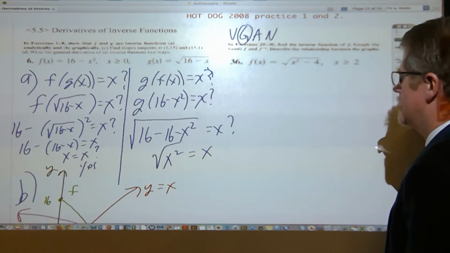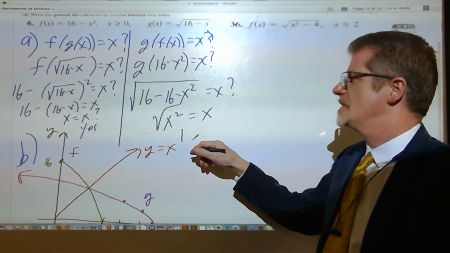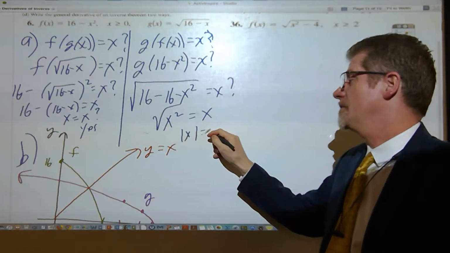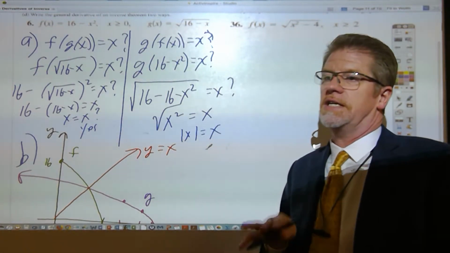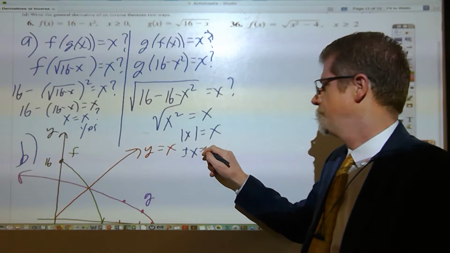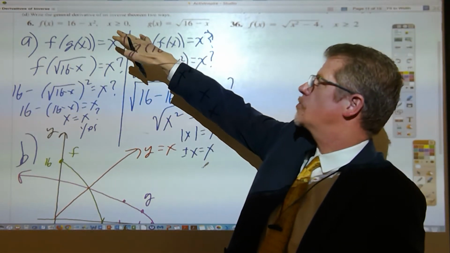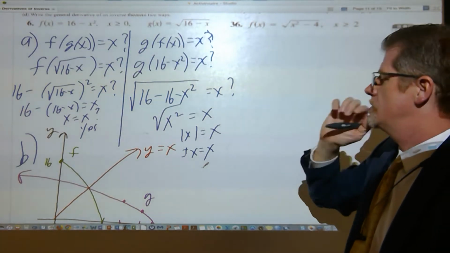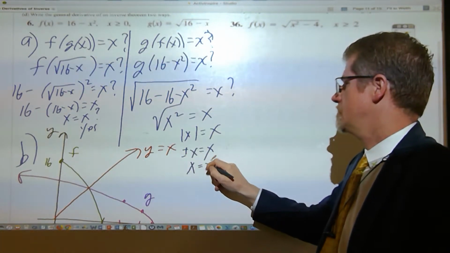Yeah. So here's a little nuance. A lot of people write the square root of x squared as x. It's actually the absolute value of x. The square root of x squared is not x, it is the absolute value of x. But since we're only taking x values greater than or equal to 0, we ditch the absolute value and get x equals x.